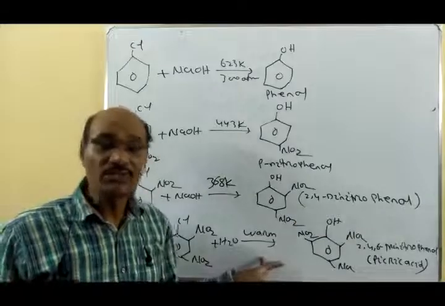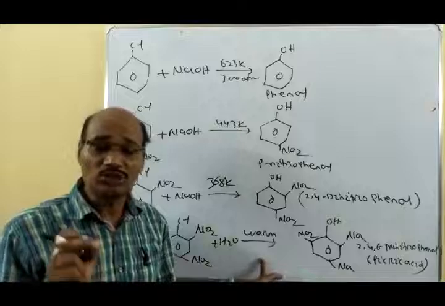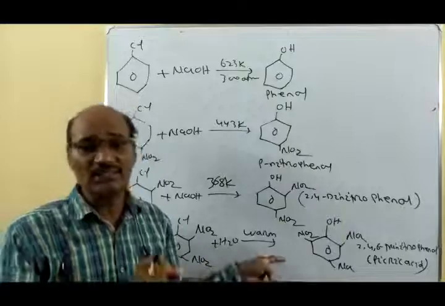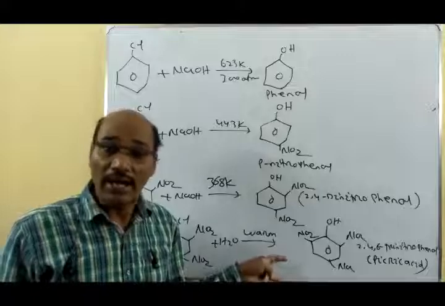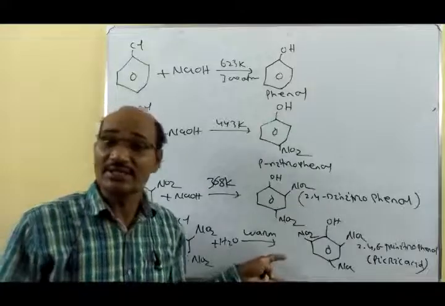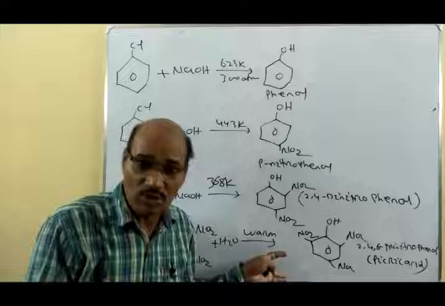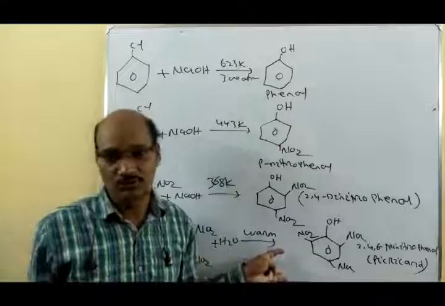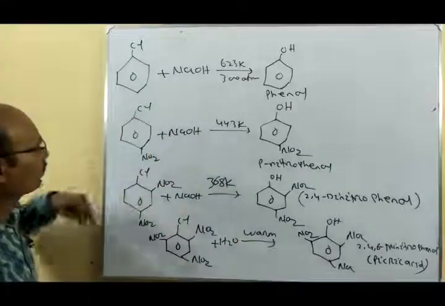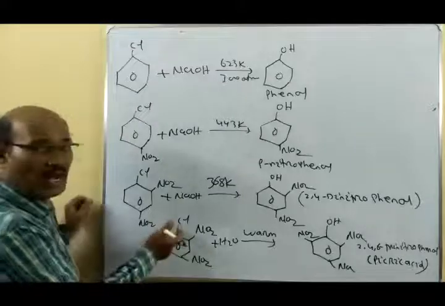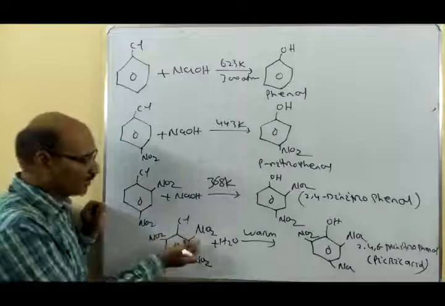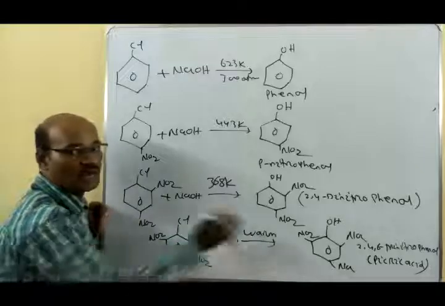That means the presence of electron withdrawing groups enhances the nucleophilic substitution on the halogen, and this enhancement increases with increasing number of electron withdrawing groups. So when the number of electron withdrawing groups is 3, the halogen is simply replaced by OH minus from water on warming.